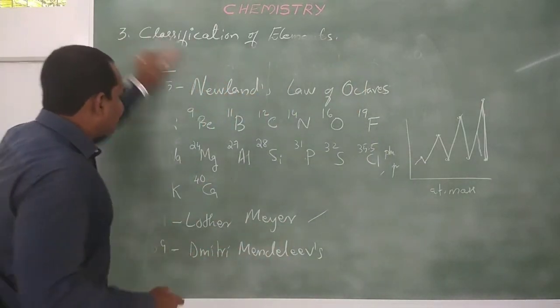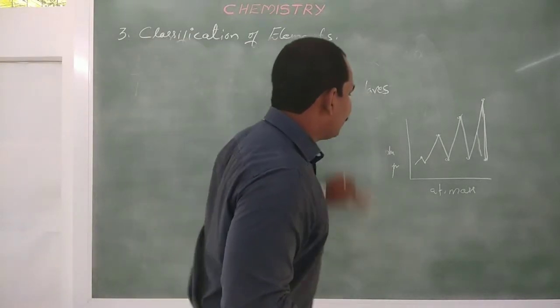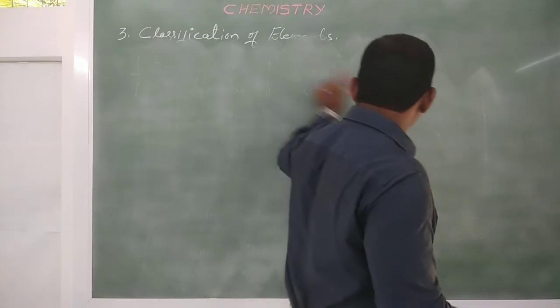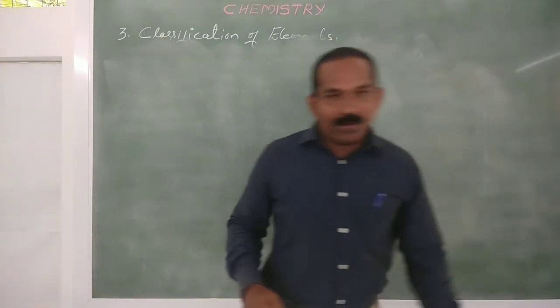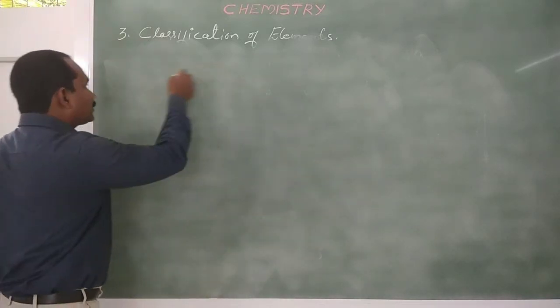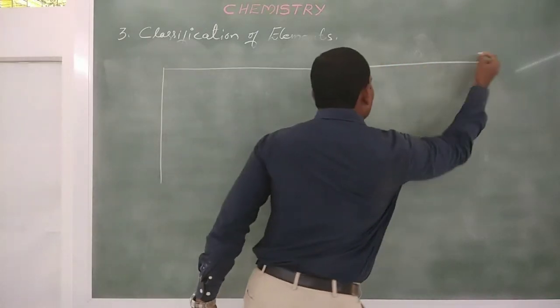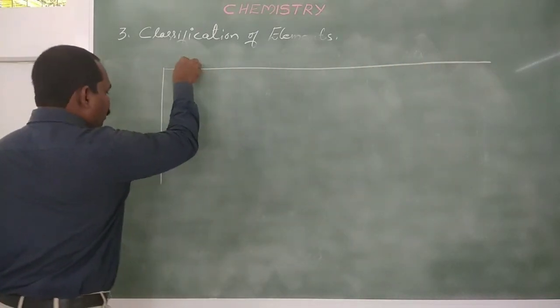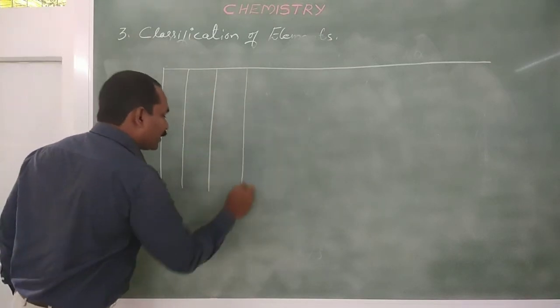I just erased Newlands' octaves. So these are the historical developments of the periodic table. In the Mendeleev periodic table, the elements are arranged in vertical columns.